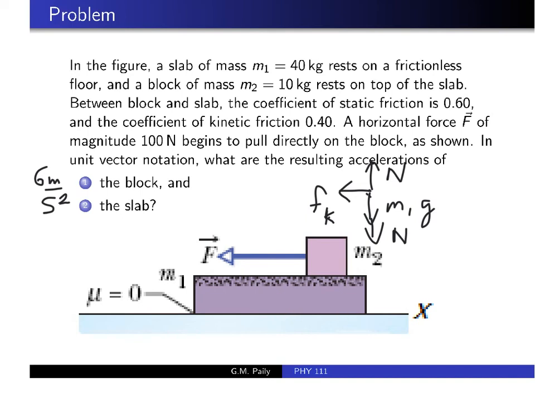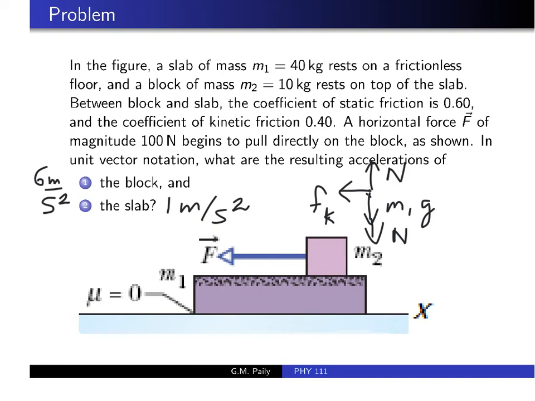Again, the vertical forces cancel out, and so we only need focus on the horizontal force. We know that that is 40 newtons, and that the mass of m1 is 40 kilograms. And so solving for the acceleration, we get 1 meter per second squared for the acceleration of the slab. Interestingly, what we find is both the block and the slab move and accelerate to the left.